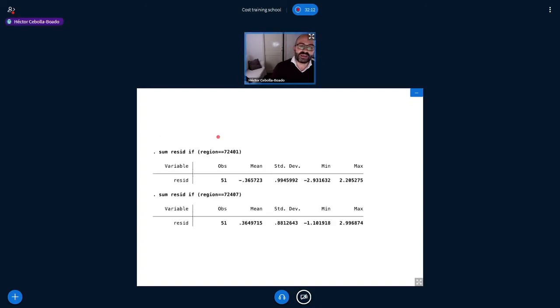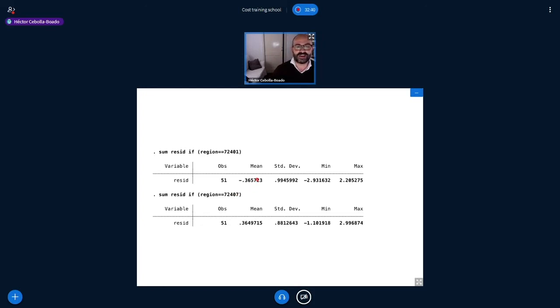But if we look at the residuals of these two regions separately, so we first look at Andalusia, or this region number 1, which is known to underperform the average, and the other region, Castilla in the north, which is known for overachieving, or achieving above the average, what you will see is that it is not the case.